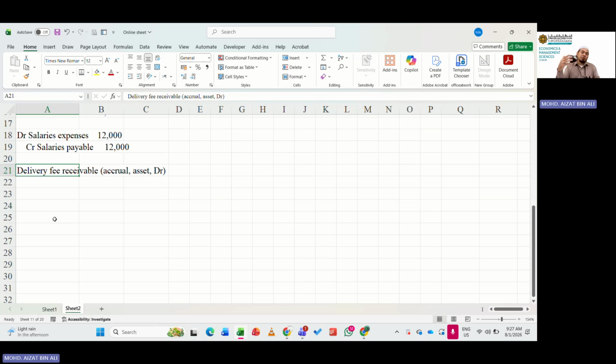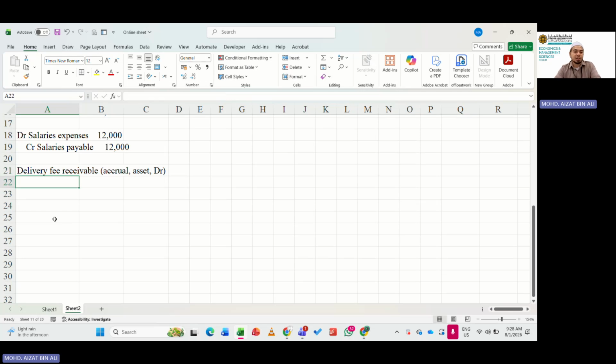So if we haven't sent the bill, it means we haven't recorded it in our account yet. So we have to record it, and to increase the revenue, it should be credited.